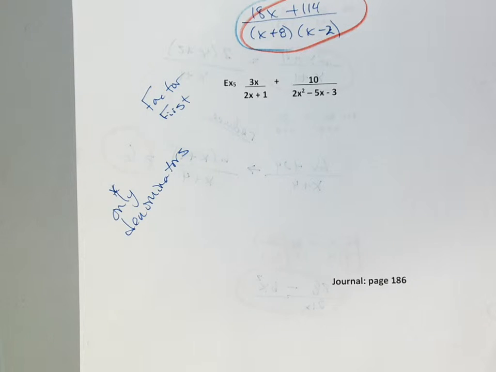Sometimes you might have an opportunity to factor the top or the numerators, but you don't want to factor the numerators because you want to be able to add things. Does that make sense? Don't factor the tops until you're done because you're going to want to add the tops. Does that make sense? But if you factor the denominators, it helps you get a common denominator. So, all right, let me factor this.